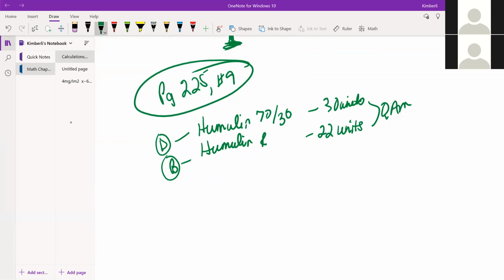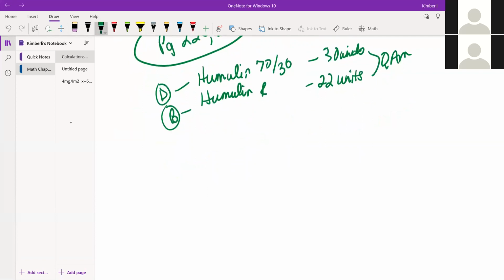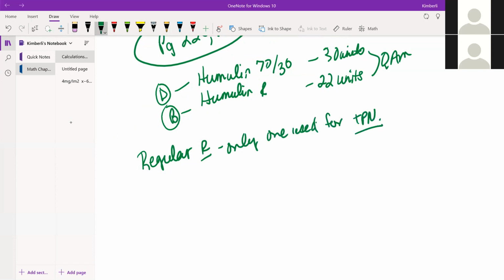So regular insulin is the only one that can go in, say, total parenteral nutrition. Okay, so if you're going to put insulin in a TPN, it has to be regular. Regular insulin is typically used when insulin is prescribed intravenously.